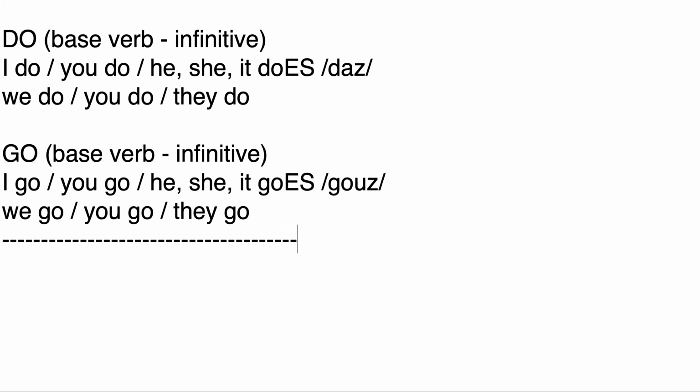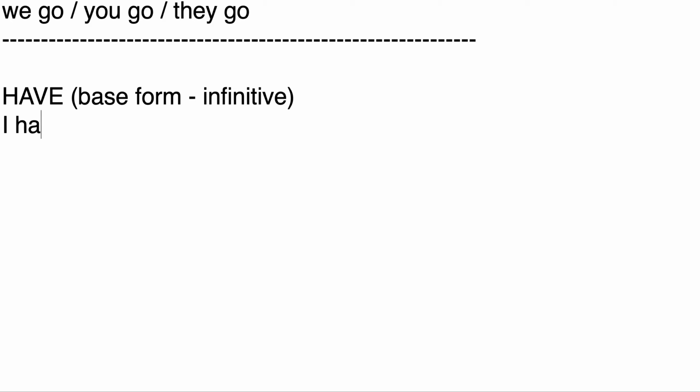Now, let's take a look at another special case verb. It's a super important verb. The verb have. Base form, infinitive. Okay. We say, I have, you have, he, she, it has.